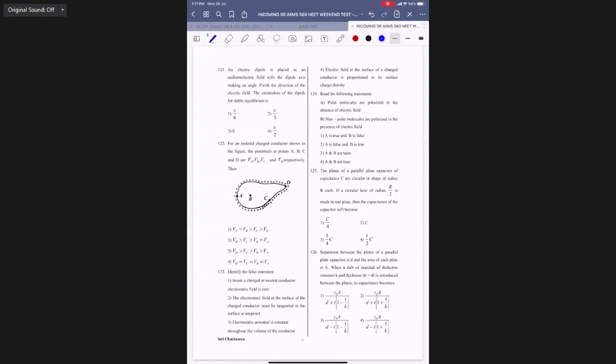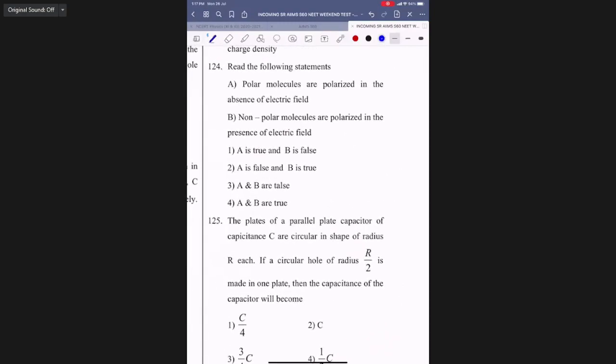So question number 124. He is talking about polar molecules and non-polar molecules, and options are given. We need to check them. Polar molecules are polarized in the absence of an electric field, correct only, na? Plus and minus, they are already separated.